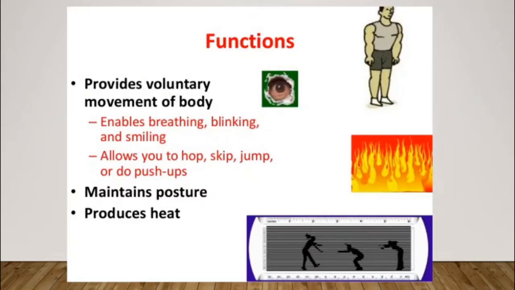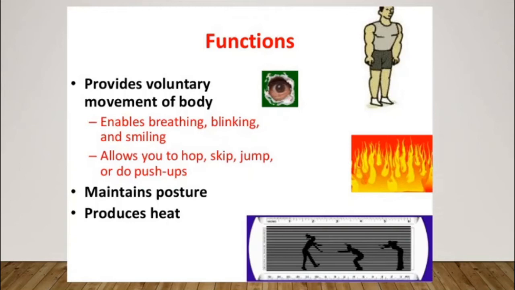Now let's proceed to function. So what are the functions of our muscular system? It provides voluntary movement of the body. It enables us breathing, movement of the food inside our intestine. It also maintains posture. It holds our posture upright, or if we want to bend downwards.